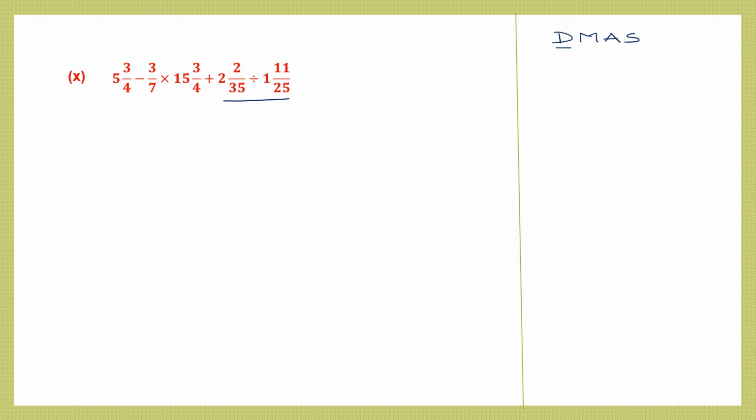So let's write everything else as it is after converting. 4 5s are 20 plus 3 is 23. So this is 23 by 4 minus 3 by 7 into, now here let's convert, 4 into 15 is 60 plus 3 is 63. 63 by 4 plus, now let's work out what has been underlined. So that is 2 by 35 divided by 111 by 25.